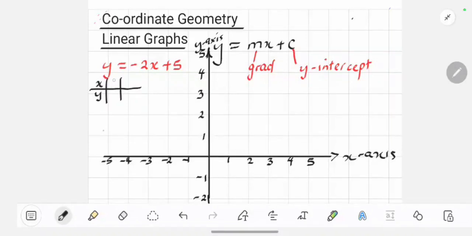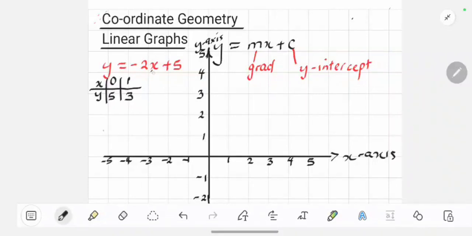When x is equal to 0, the value of y equal to 5. In the case where x is equal to 0, I'm just substituting 0 here. So the value of y is equal to 5. When x is equal to 1, the value of y is equal to 3.